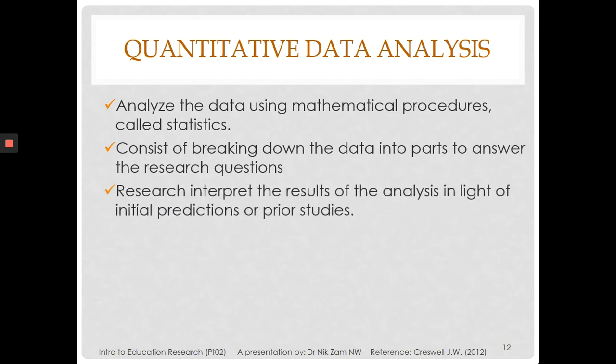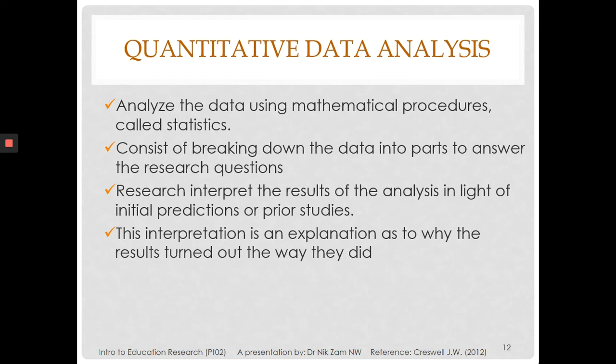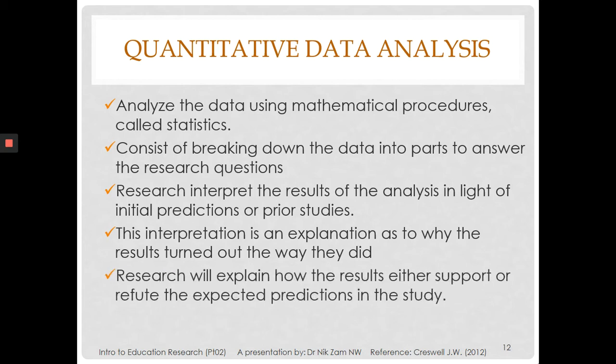The researcher interprets the result of the analysis in light of initial predictions or prior studies. This interpretation is an explanation as to why the results turned out the way they did. The researcher will explain how the results either support or refute the expected prediction in this study.